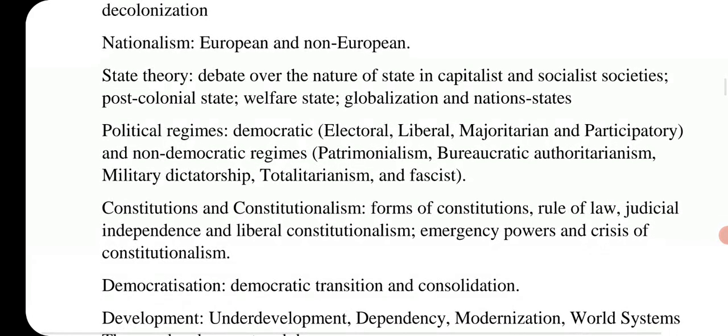Next, constitutions and constitutionalism, forms of constitutions, rule of law, judicial independence and liberal constitutionalism, emergency powers and crisis of constitutionalism.